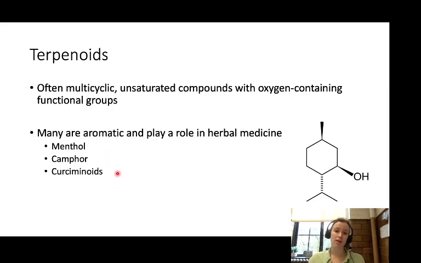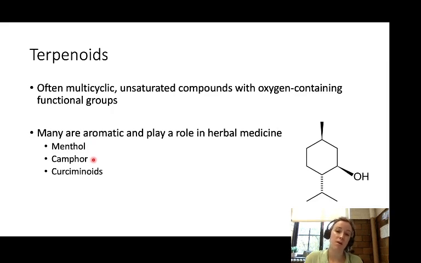Many are aromatic and are components of some types of herbal medicine or traditional medicines. For example, one you're very likely familiar with is menthol. Really, whenever you think mint and you think of that cold feeling in your mouth that you get, that's menthol.